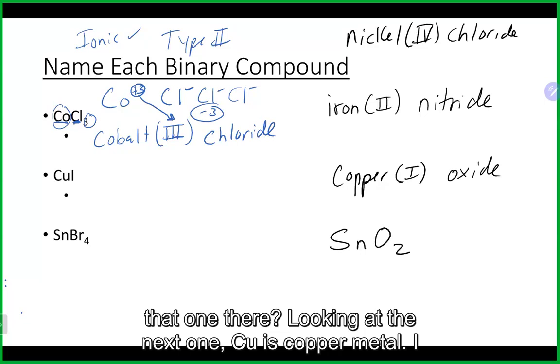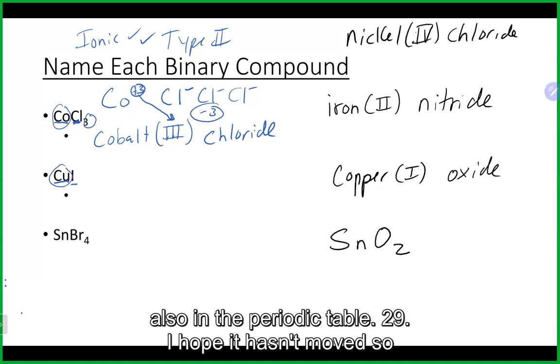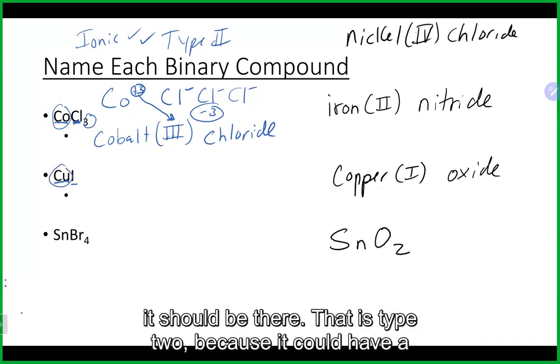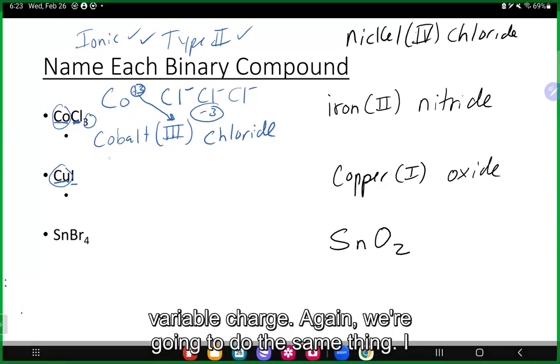Looking at the next one, Cu is copper, metal. I is iodide, non-metal. So again, that checks the ionic box. Copper is also in the periodic table at 29. I hope it hasn't moved, so it should be there. That is type 2 because it could have a variable charge. Again, we're going to do the same thing.